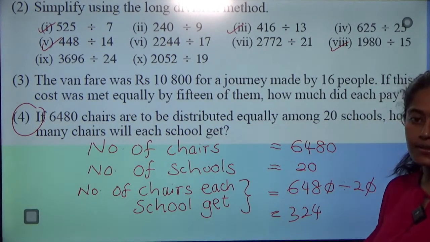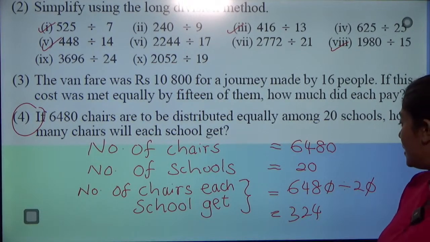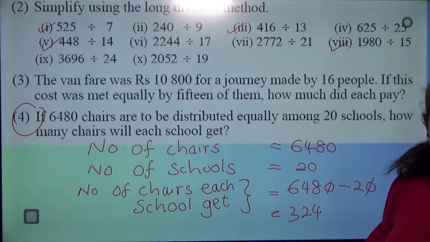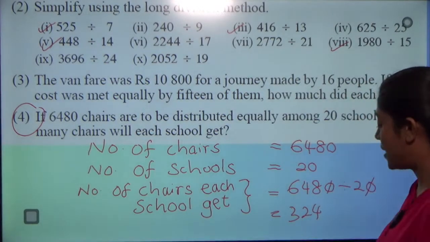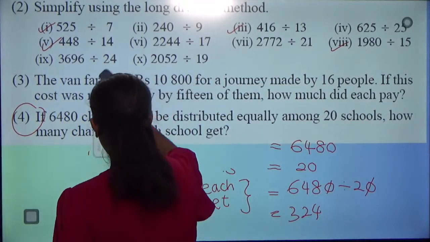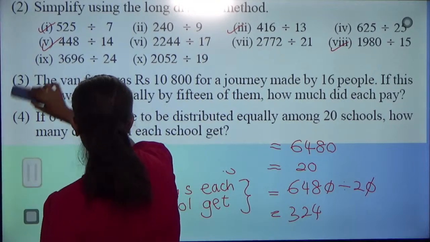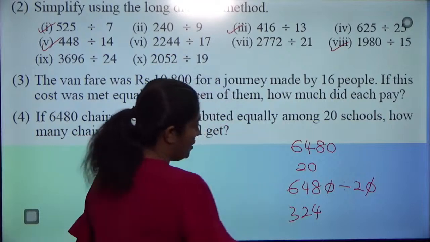Have you got the answer? Yes, teacher. This is the simplest way, but you can use the long division method also. I will explain that one also. Right. So, you have to write the sentences. Finally, you can use the long division method also.